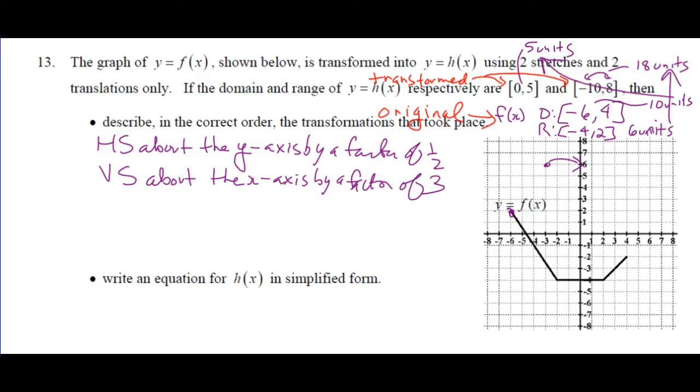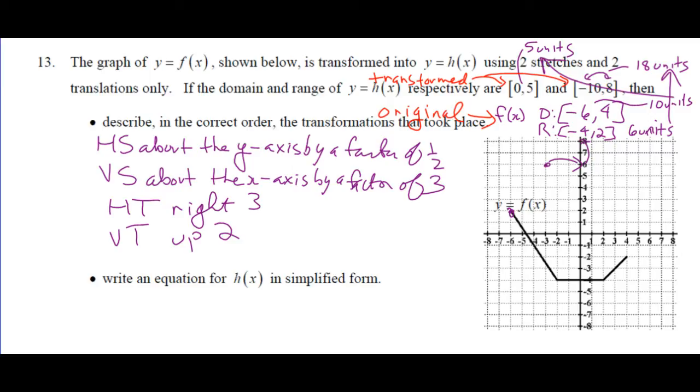And my range is negative 10 to 8, so I'm going to have to move that too. So what are we doing? 1, 2, 3, and 1, 2. So a horizontal translation, right 3, and a vertical translation, up 2.